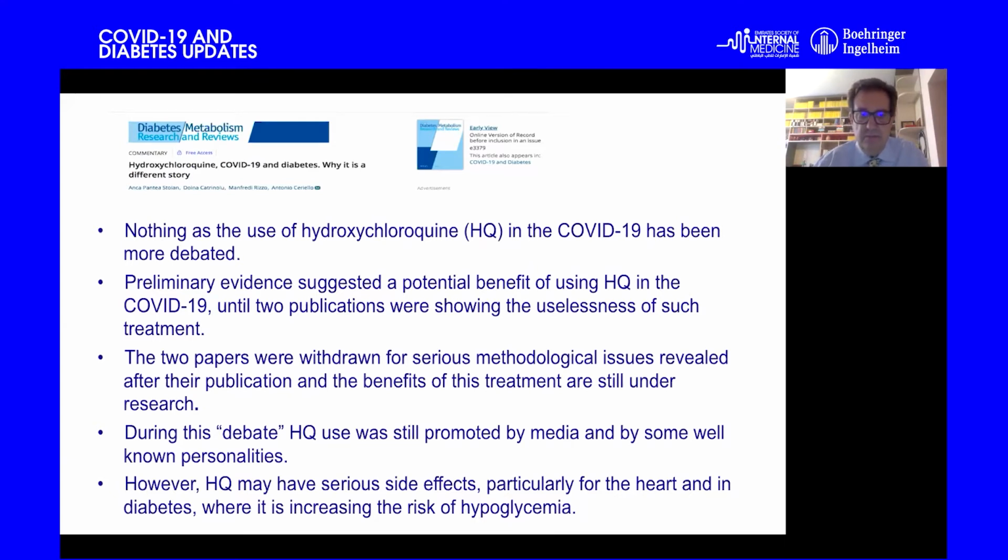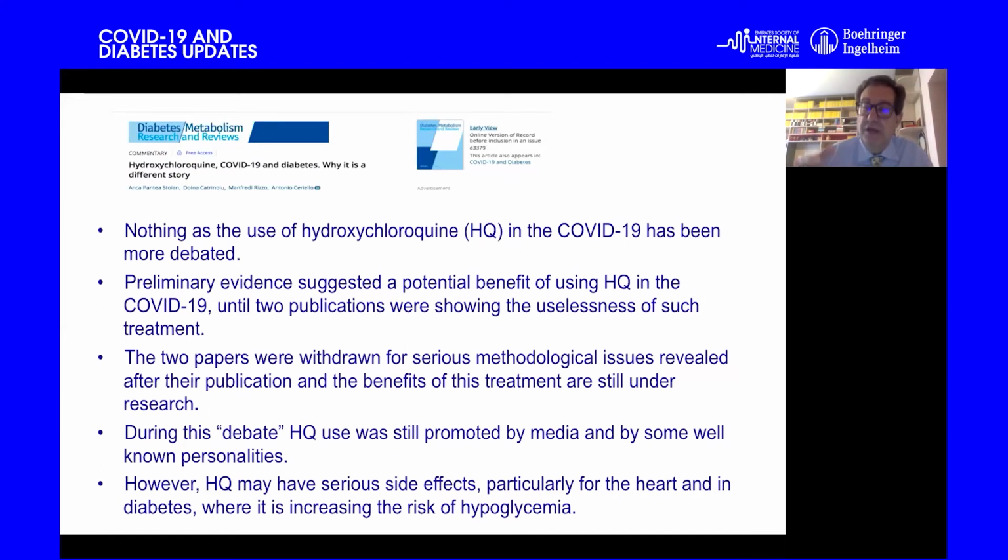But the question for diabetes is more complex. Why? Because hydroxychloroquine may have a direct dangerous effect on the heart. And the heart of people with diabetes is usually not very good. And particularly in diabetes, there is a high risk of hypoglycemia.